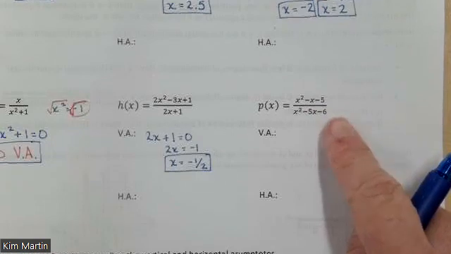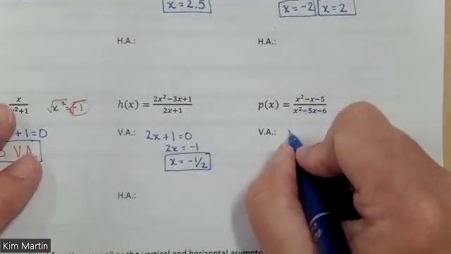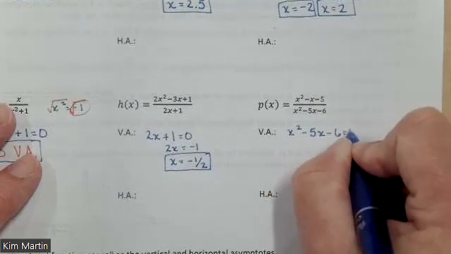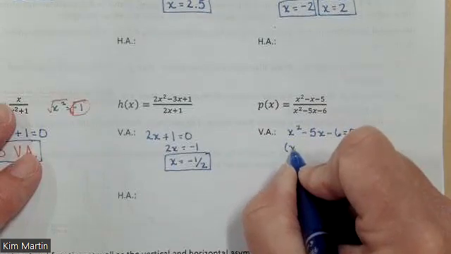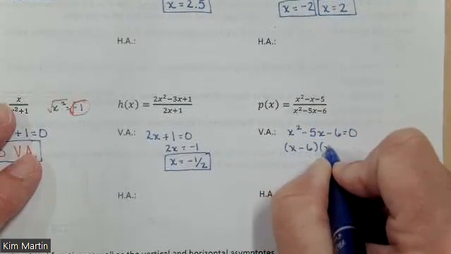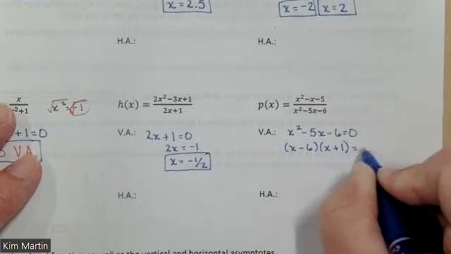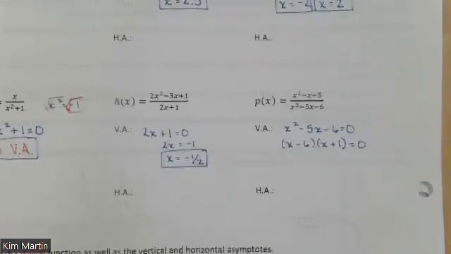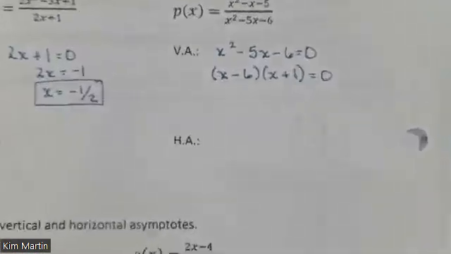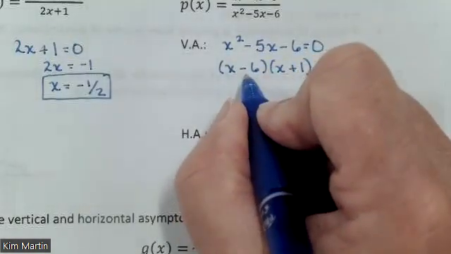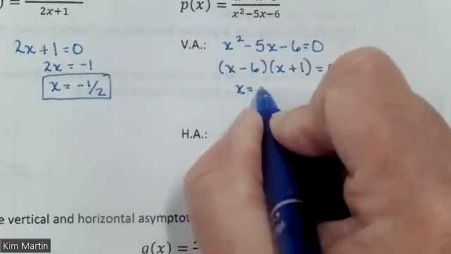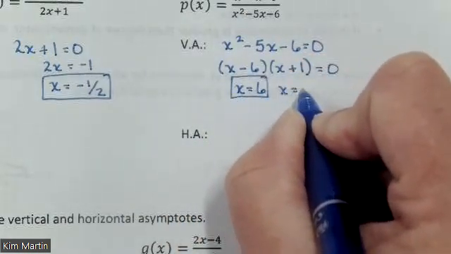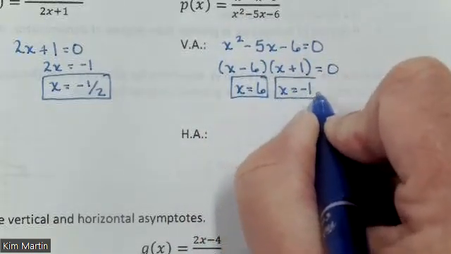Find here, you're going to have 2 of them. So you're going to factor it. It factors as x plus 6 and x plus 1. So you're going to have x equals 6 here. That's one of them. Here you're going to have x equals -1. That's the other one.